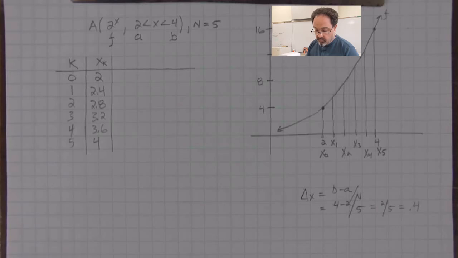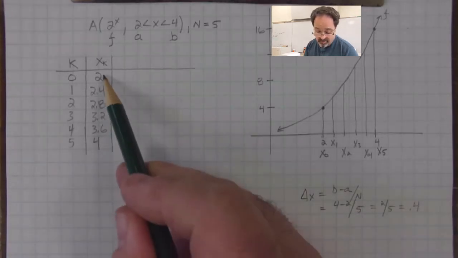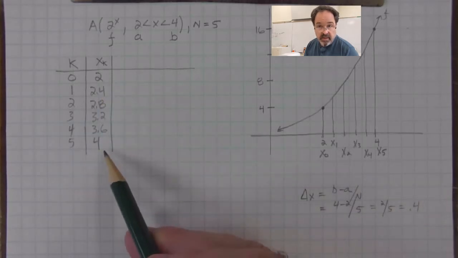Because I'm organizing the information that I need to produce rectangle areas that I'm going to sum together. And I'm going to use sigma notation to help me make that sum. Sigma notation requires integers. We can't use sigma notation with an index that has fractions in it.